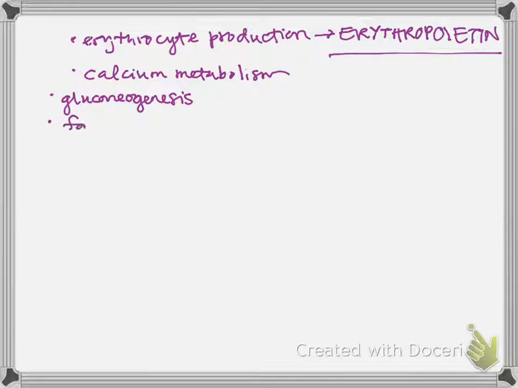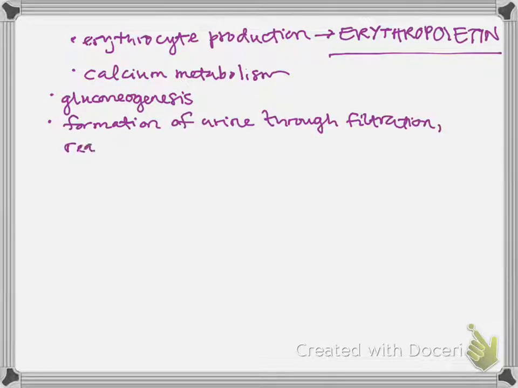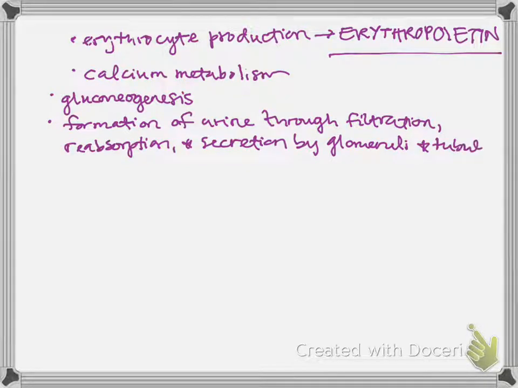And finally, the most obvious function of the kidneys is the formation of urine through all those terms we talked about: filtration, reabsorption, and secretion by the glomeruli and tubules. So that's a review of the functions of the kidney, both kidneys.